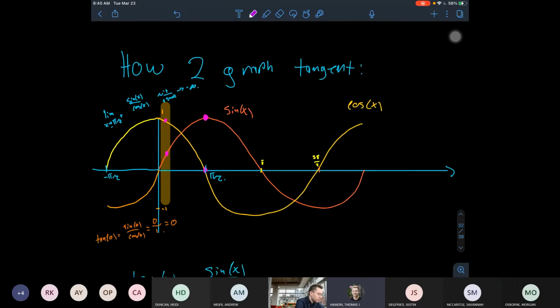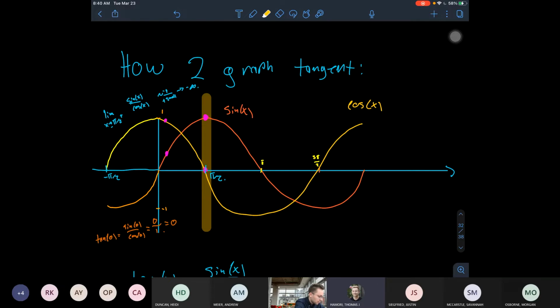And the major issue that we recognized with this process is that we are going to run into some major trouble at values of x which cause cosine x to be equal to 0, because cosine x is our denominator.